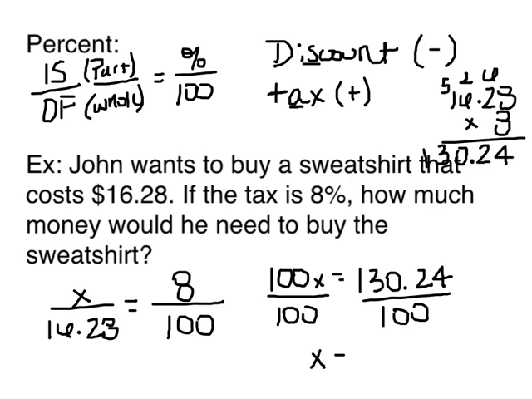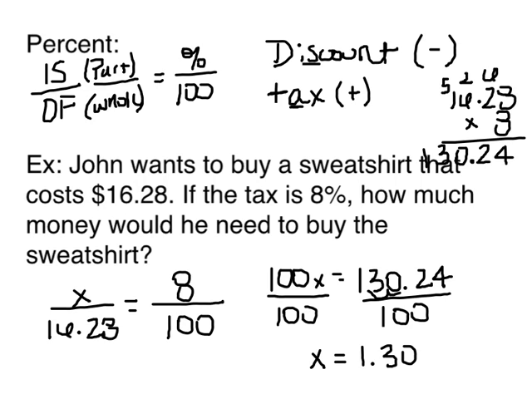Then we go ahead and divide by the number next to x. So x is going to equal, because if you divide by 100, you move your decimal 2 places to the left, so 1, 2, so it's 1.30, we'll say. So they're asking how much he needs to buy it. If we look up here, it says tax is adding.